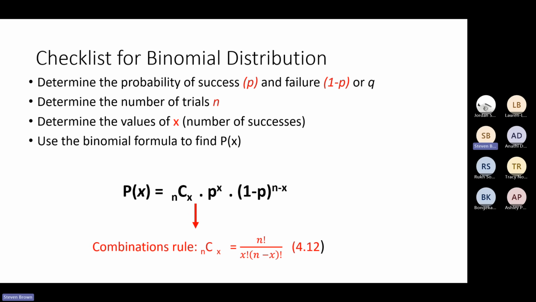Your combinations formula deconstructs into n factorial over x factorial times n minus x factorial. They don't give you this, they give you this. So you've got to know that it actually deconstructs to that. That's the first thing. So that's your combinations.